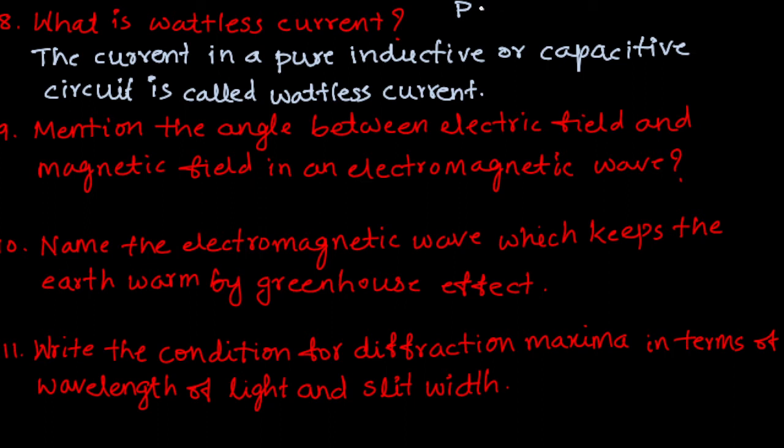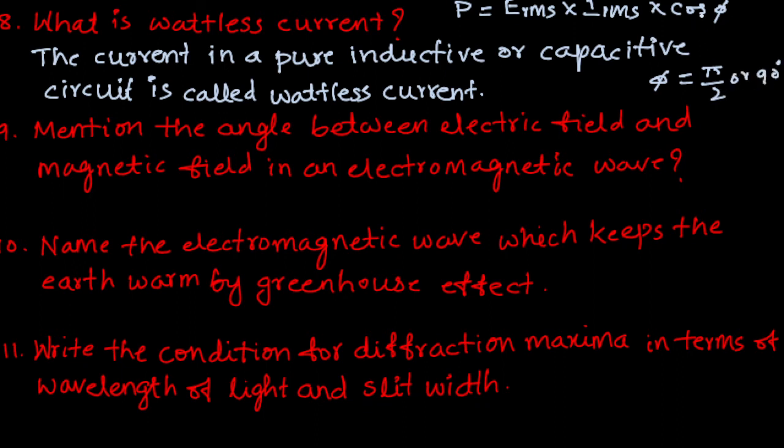See, power is given by E_rms into I_rms into cos phi. Here phi is the phase difference between E and I. In a pure inductive or capacitive circuit, phi, that is the phase difference between current and voltage, is pi by 2, or 90 degrees.